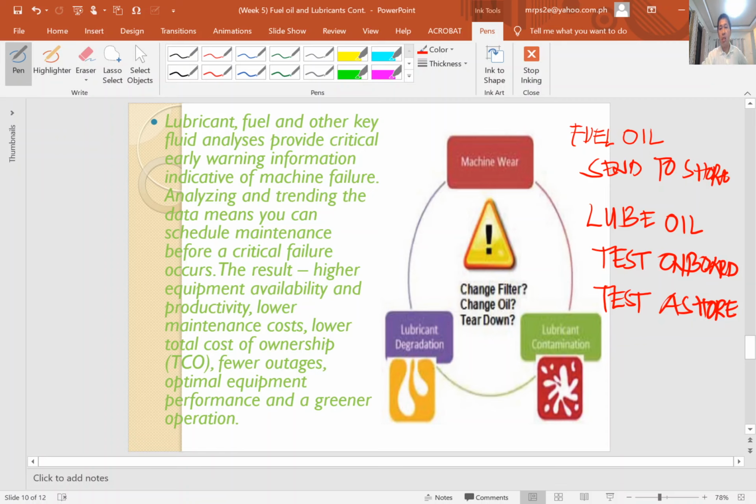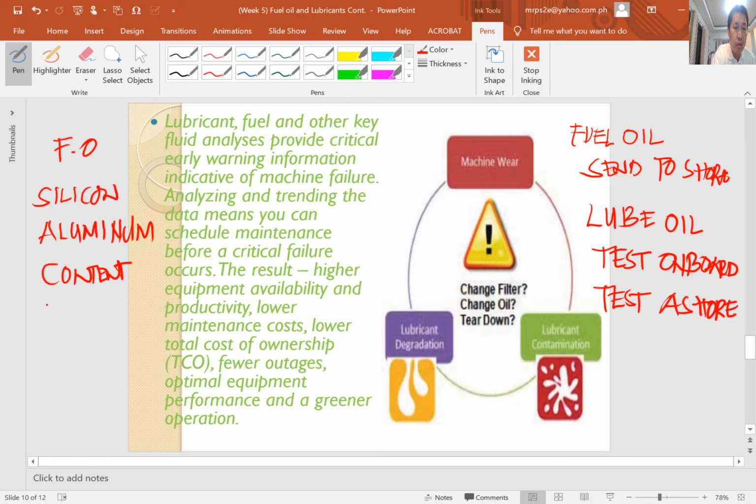So by analyzing, for example, the fuel oil, the silicon and aluminum content, if it is higher, then your engine will be damaged.